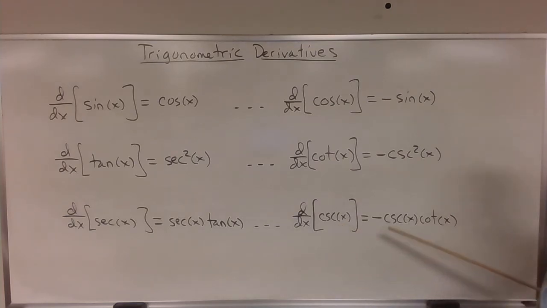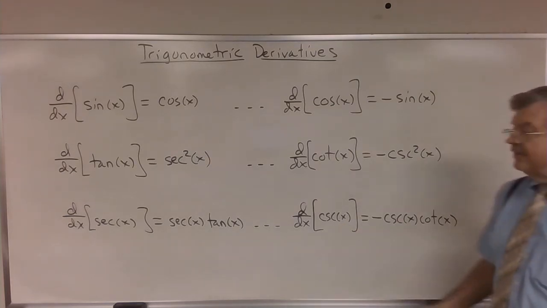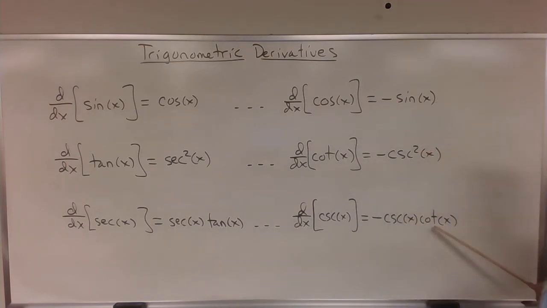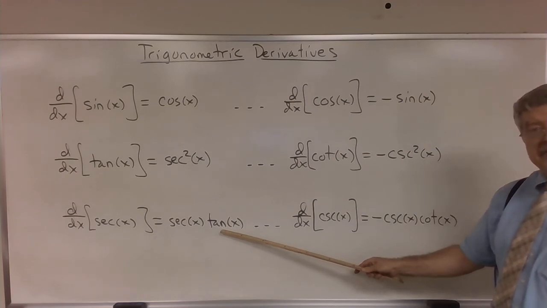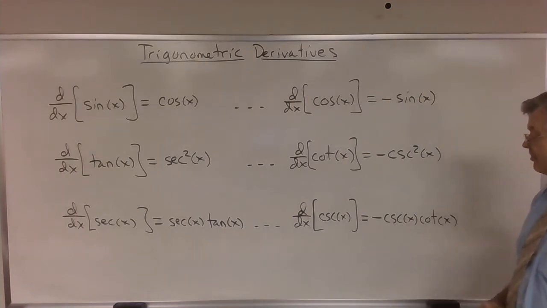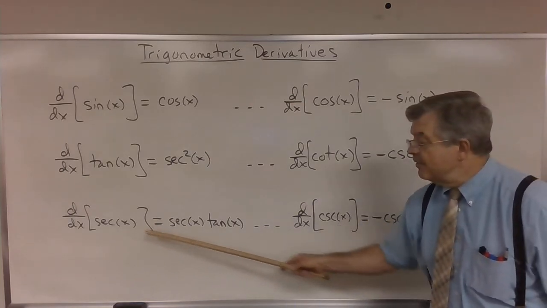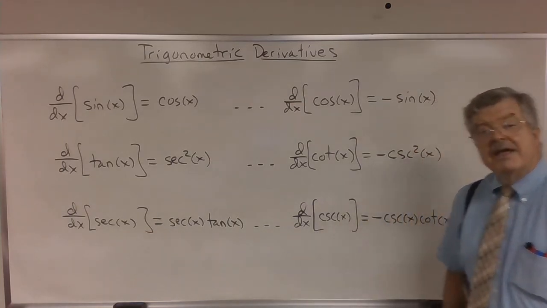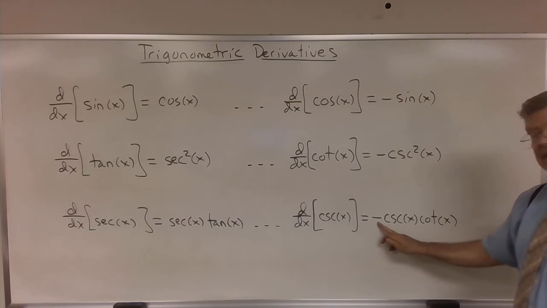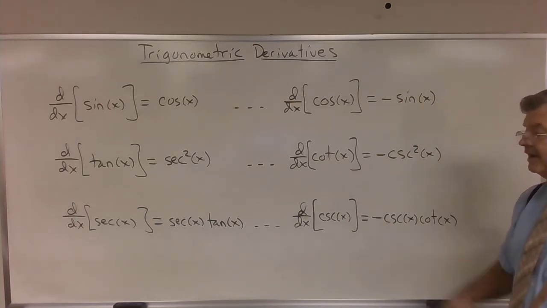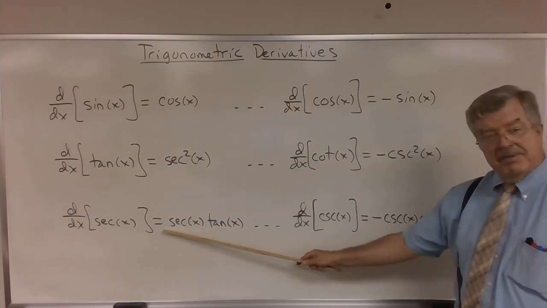So cosecant, we replace with its co-function secant, and cotangent we replace with its co-function tangent. Second step, we look at the sign out front and change it. The sign in front is negative, we change it to positive.